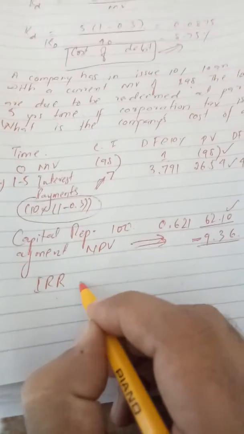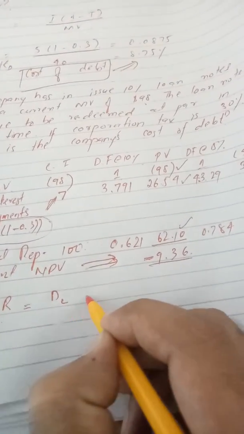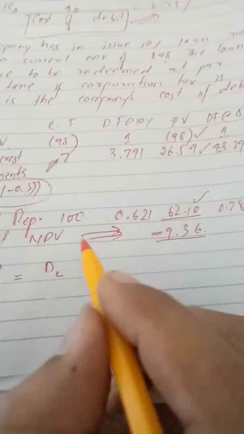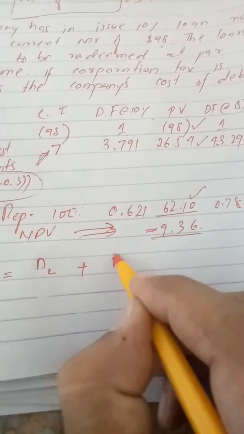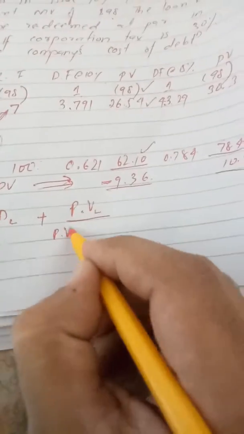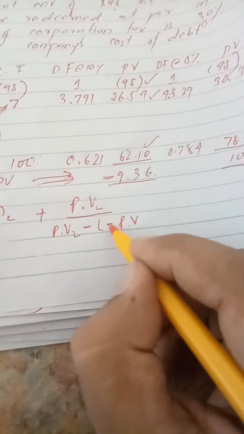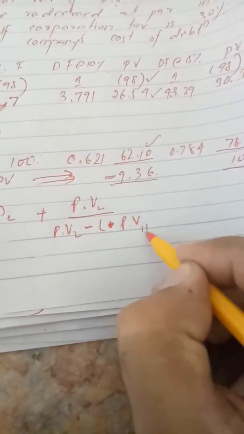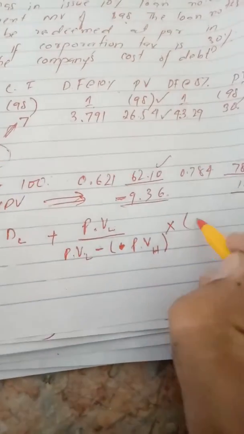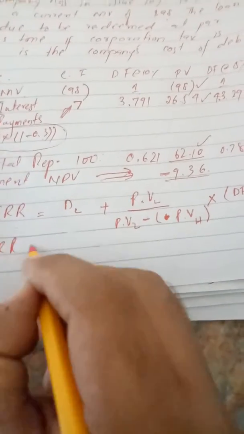So IRR is the lower discount rate, 5%, plus the present value at the lower discount rate, 10.7, divided by the present value at the lower discount rate minus the present value at the higher discount rate, multiplied by the higher discount rate minus the lower discount rate. So that would be IRR.